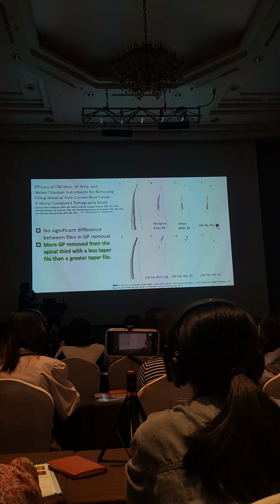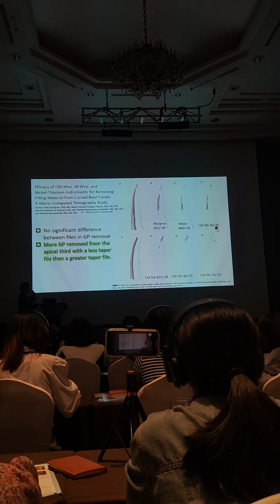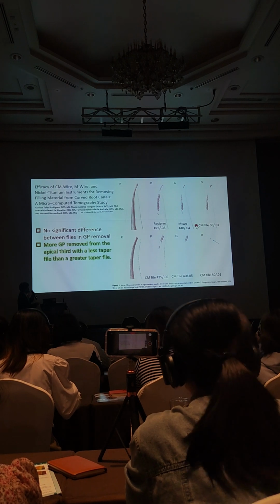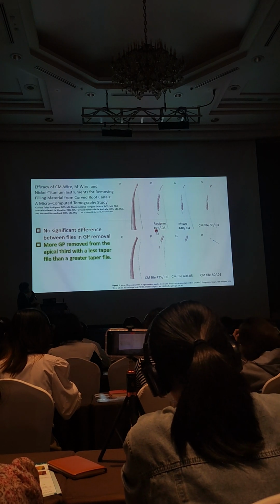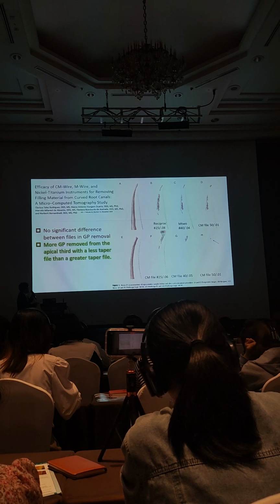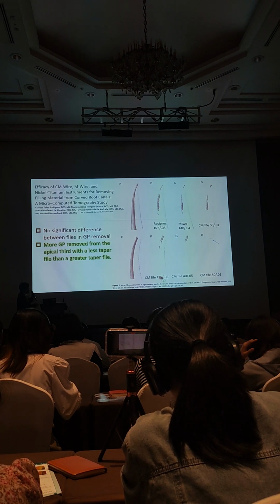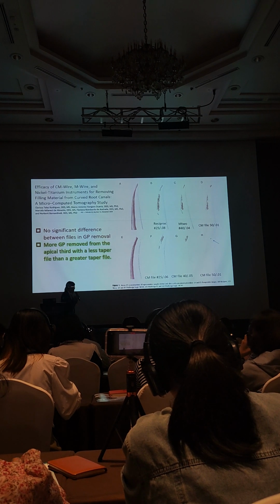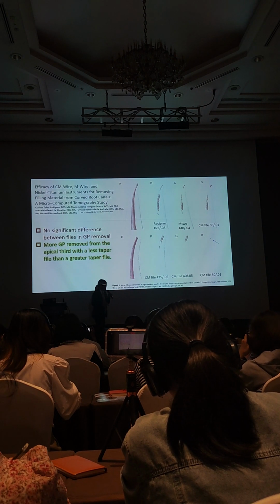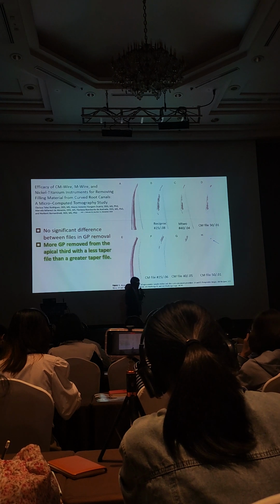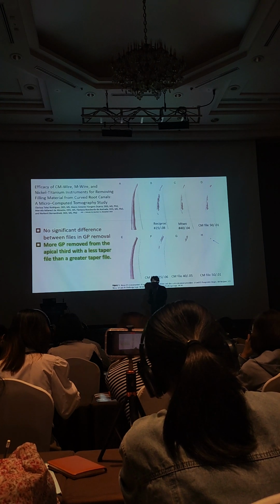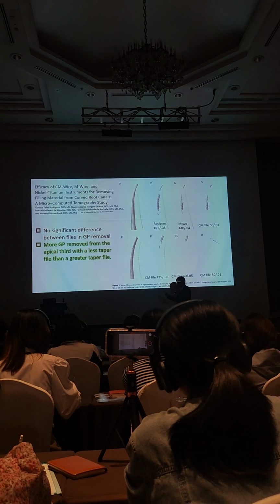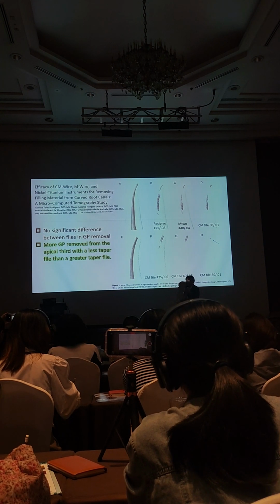If you look at the instrument 50/01, that removes most of the gutta-percha fillings compared to the bigger-sized, big tapered instrument like a 25/08, here and here. So I want to use the file with a small taper. That is the XP Endo Shaper. The XP Endo Shaper has only 1% taper.